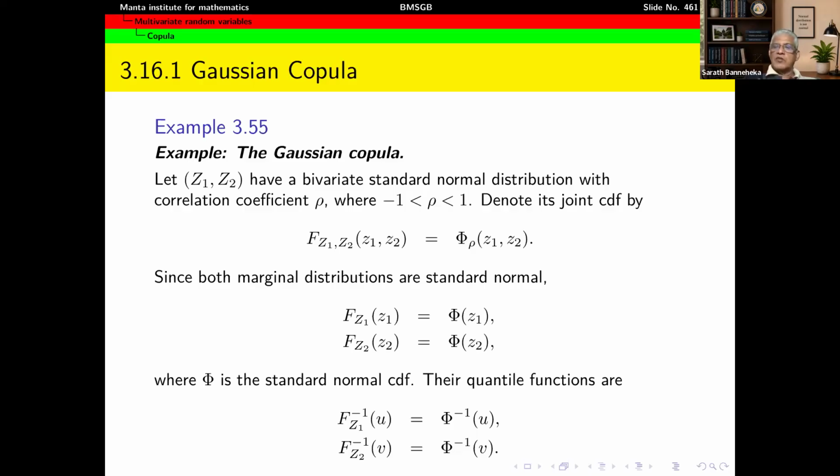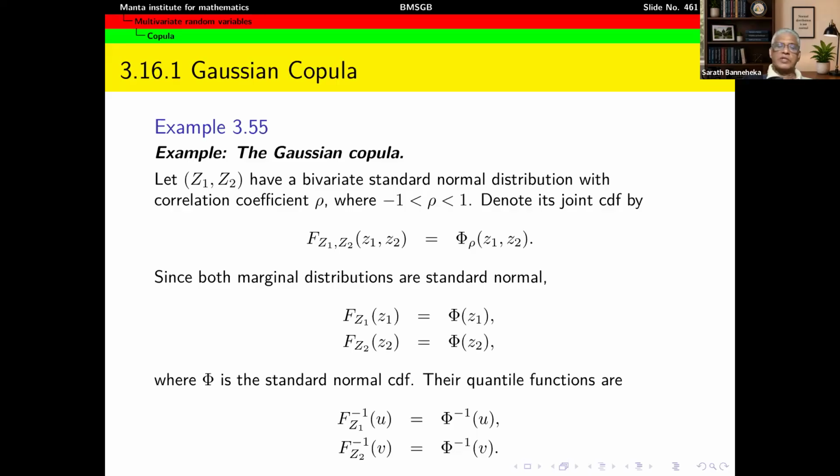In other words, according to this Sklar theorem, we should be able to write down the joint CDF of Z1 and Z2, where Z1 and Z2 are individually having standard normal distributions.